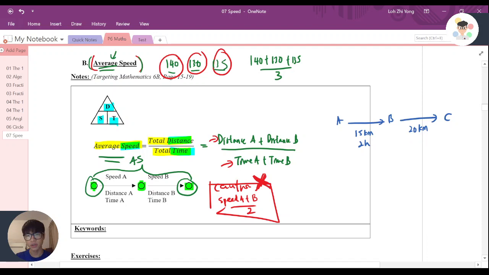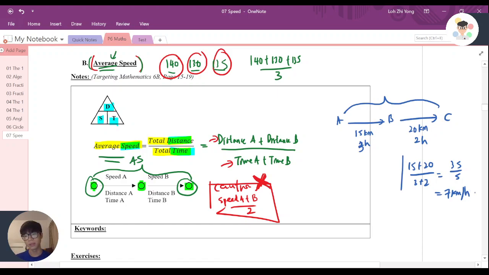Let me change it to 3 hours, then use 2 hours for this one. Now, to find the average speed, I just use 15 plus 20 divided by 3 plus 2. Then it becomes 35 divided by 5, which is 7 km per hour.